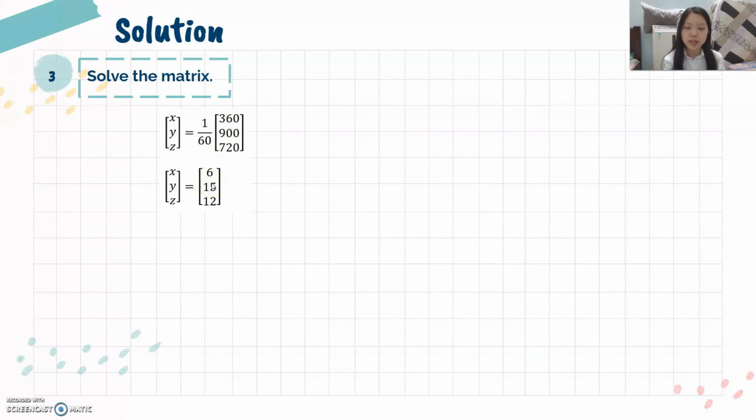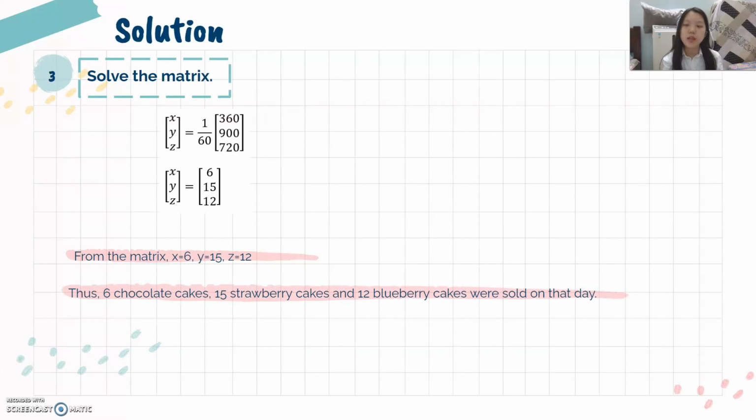So from this equation, we can see that x is equal to 6, y is equal to 15, and z is equal to 12. That means that 6 chocolate cakes, 15 strawberry cakes, and 12 blueberry cakes were sold on that day. Thank you. That's all from me, and next I will pass to Ong Jia-yi for the conclusion.